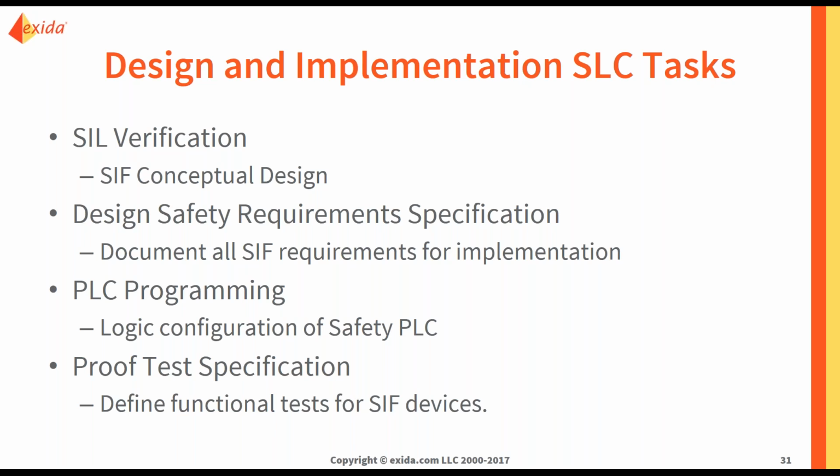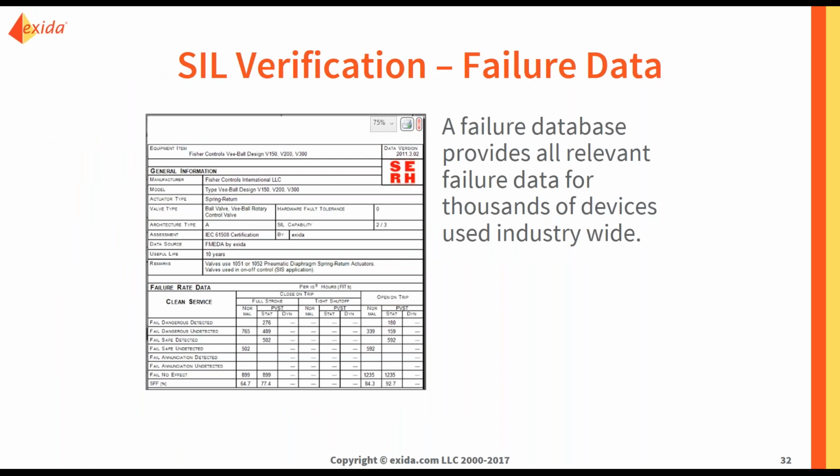So how would we do this with a safety lifecycle tool? Well, first of all, one of the key features of the tool is that it provides the failure data for you. You're going to need failure rate data for each device in your safety instrument and system. What are your dangerous failures? What are your safe failures, etc.? This can be difficult to find without a tool like this.